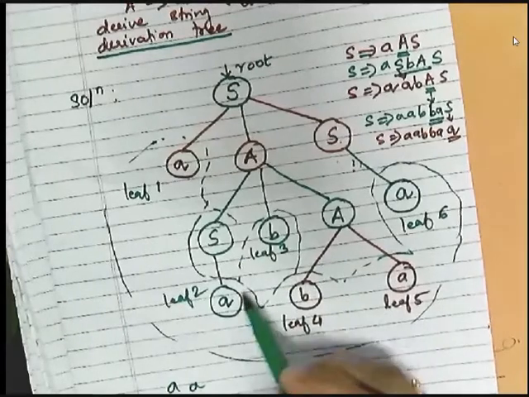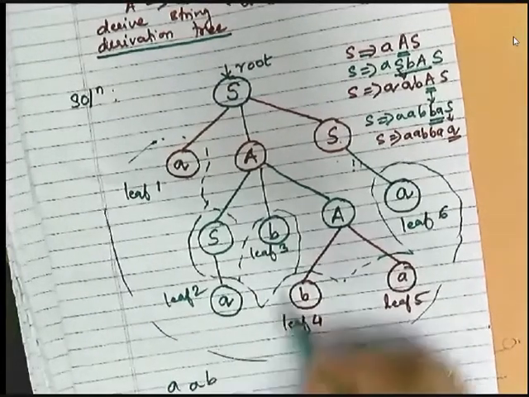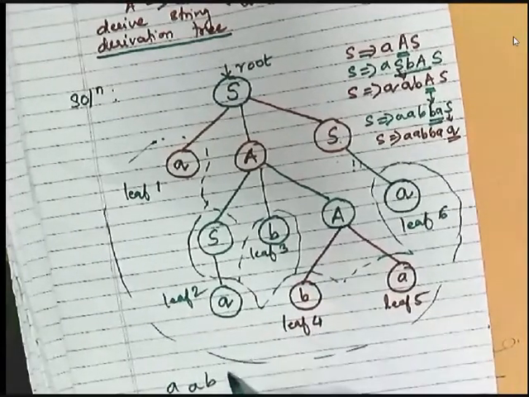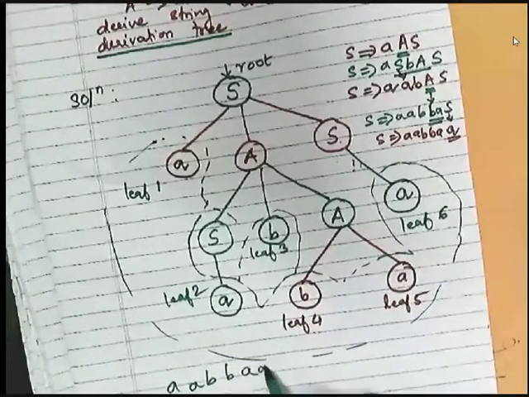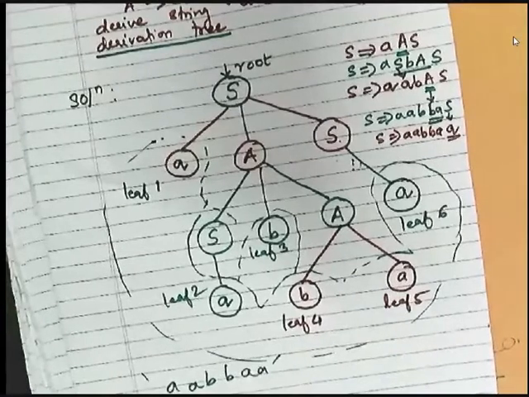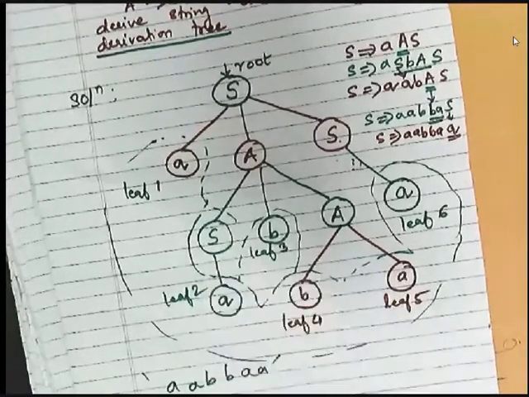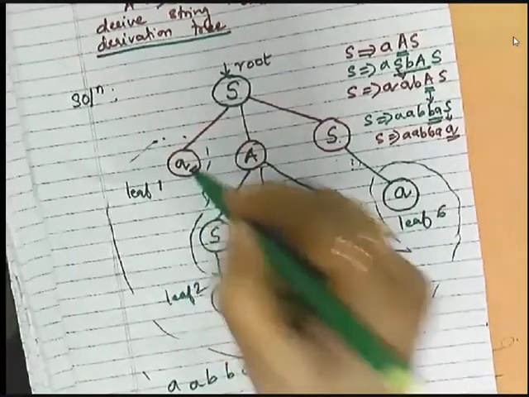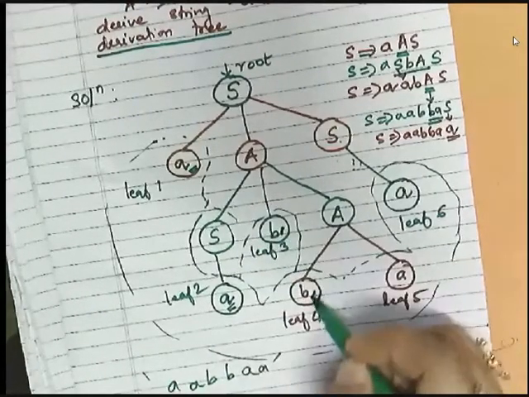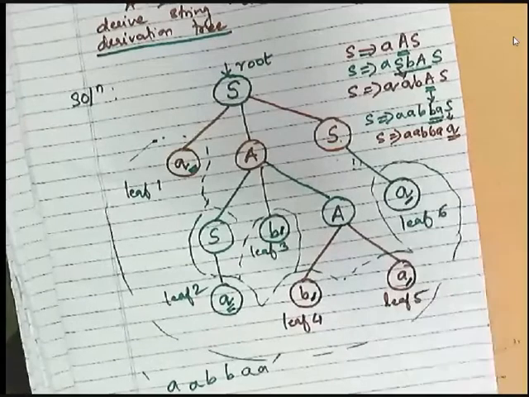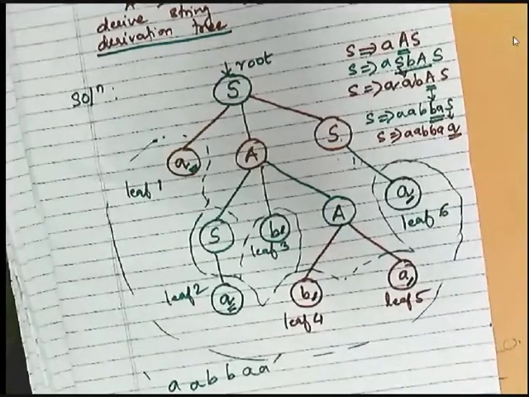So leaf 3 is your B, leaf 4 is B again, leaf 5 is A, and leaf 6 is again A. So you have shown the derivation of the string A, B, B, A with the help of a derivation tree.